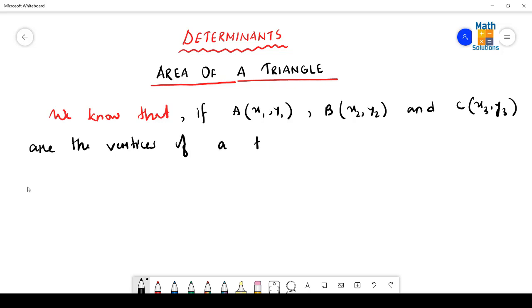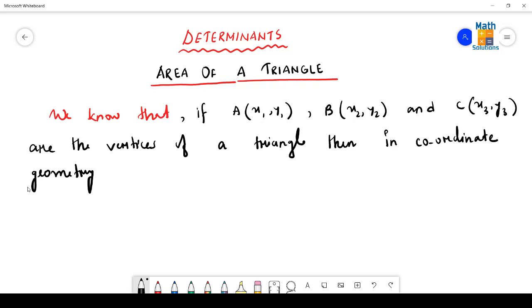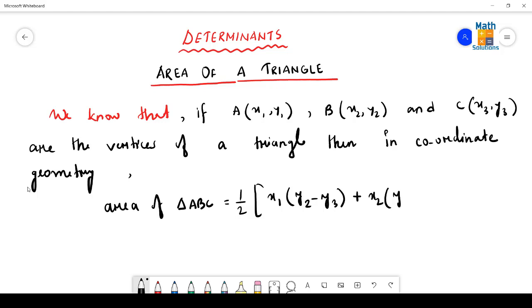of a triangle, then in coordinate geometry, which we already learned in class 10, the area of triangle ABC is written like this: half into x1 into (y2 minus y3) plus x2 (y3 minus y1) plus again x3 (y1 minus y2).